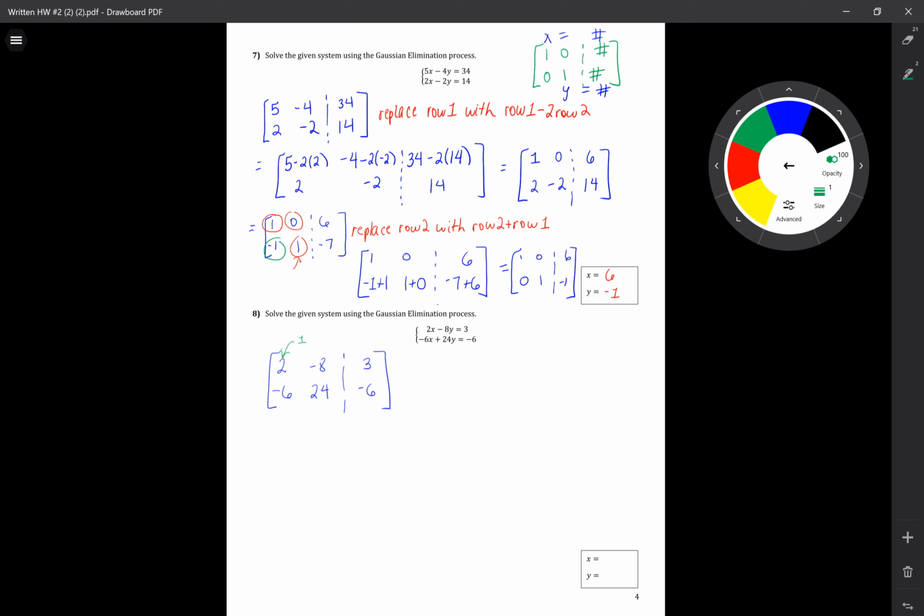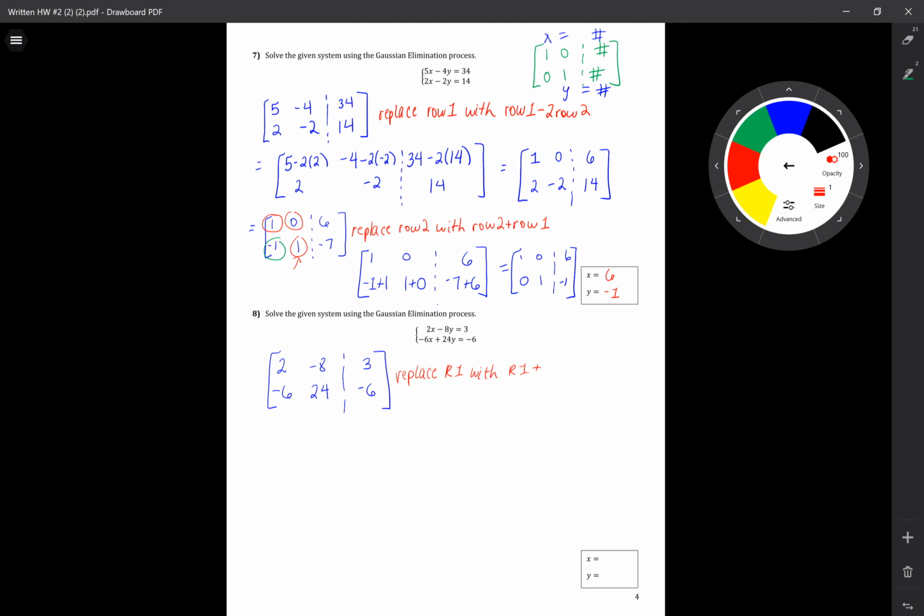But if I were to divide this whole row by 2, then I would end up with a 3/2, and I don't really want that. So maybe instead I will replace row 1 with row 1 plus 1/3 the second row.